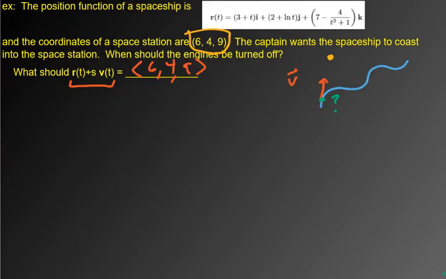So we need the velocity vector, so we've got to take the derivative of R of t. So V of t is going to be 1, and then the derivative of 2 is 0, the derivative of natural log is just 1 over t. Then the 7 is going to go away.